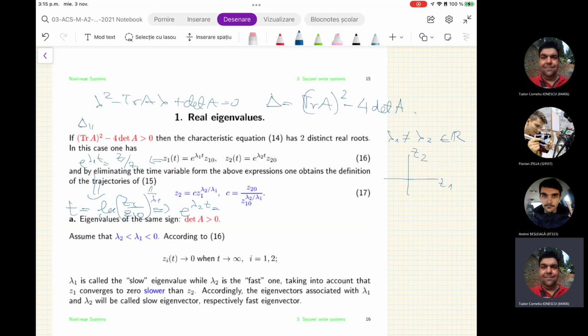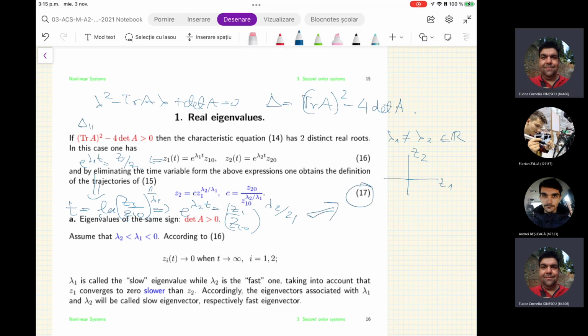So this is z1 over z1 naught to the power lambda 2 over lambda 1. You substitute this, and formula 17 comes up. From this simple computation you get 17. So you can write z2 as a function of z1 with this constant c.